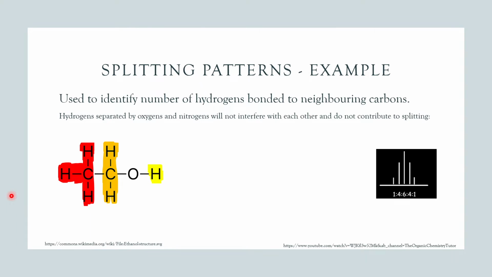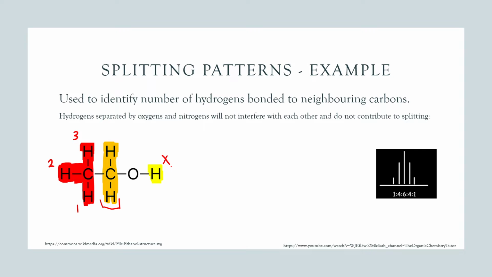Now, an extra rule on top of everything else that we've been looking at is that hydrogens separated by oxygens and nitrogens will not interfere with each other and don't actually contribute to splitting. So, for example, if I were looking at my CH2 here and I was to count my neighbors, there would be 1, 2, 3 neighbors present.